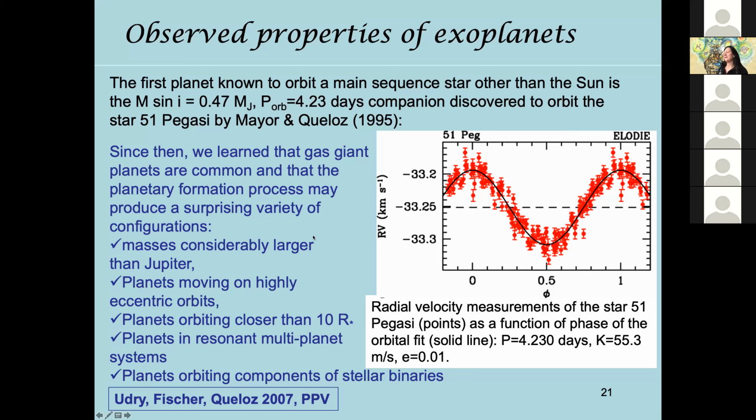And then planets in resonant multi-planet systems, very complex resonances. These resonances are when you have multiple orbits. When you compare the orbits of various bodies, they go with integer ratios like 1 to 2, 1 to 4, and some of these resonances actually increase the gravitational pull and can become unstable, while others are stable.